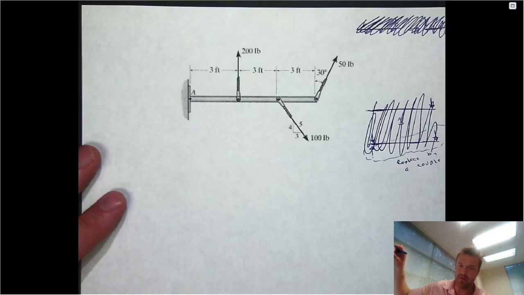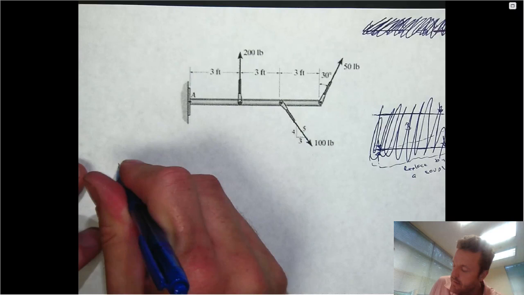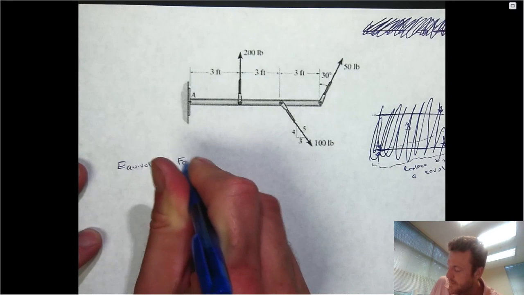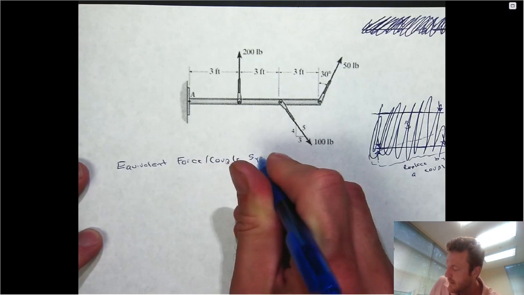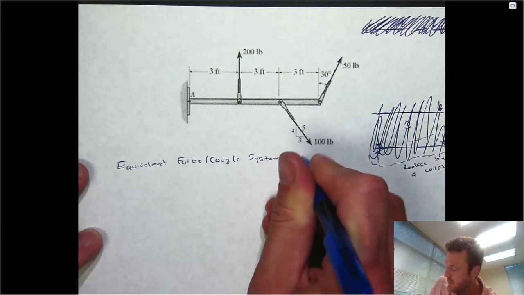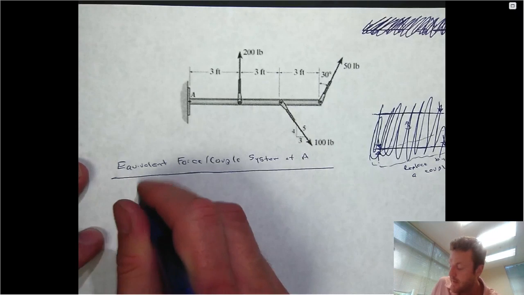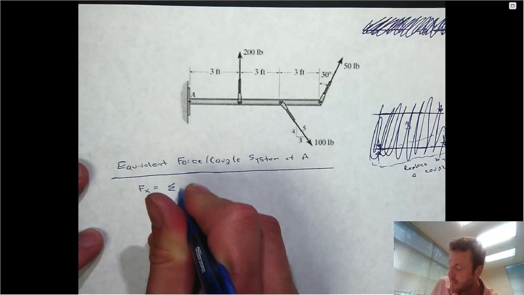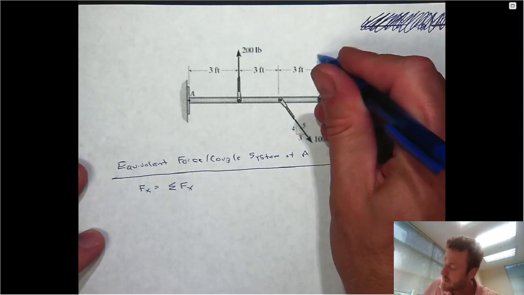If you just think about it, or use those formulas from the book, either way, since this is a coplanar two-dimensional case, we know that the equivalent force-couple system at A would be this. The x component of the equivalent force is just the sum of all the x components in this diagram, and we can decompose these forces.